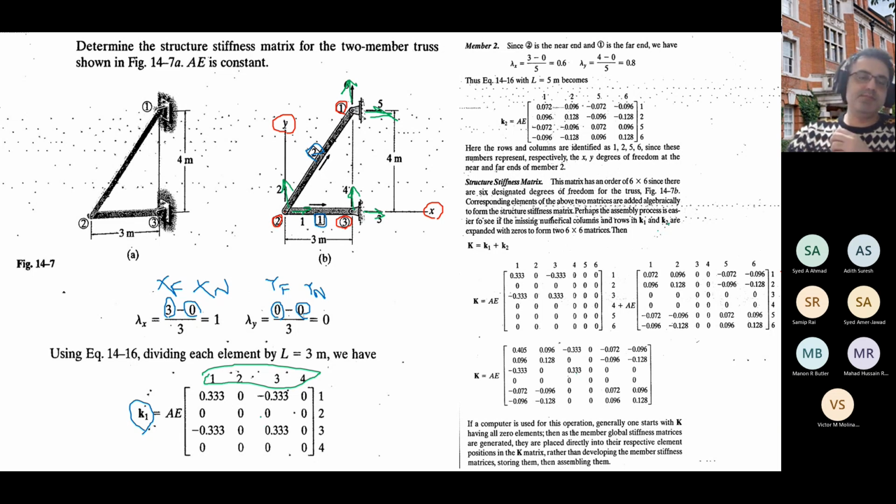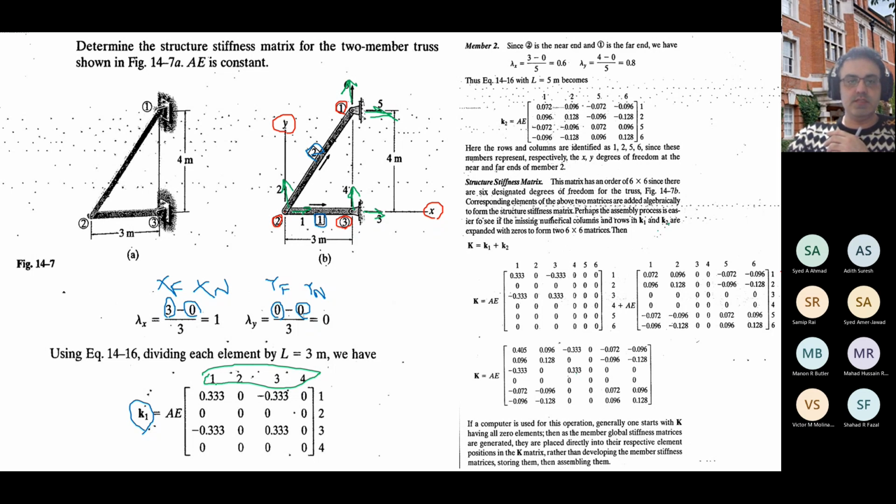For example, this is K1, a 4 by 4 matrix for element number 1, and element number 1 is connecting node 2 to node 3. So start with the near end. Node 2 is the near end, which has degrees of freedom 1 and 2.